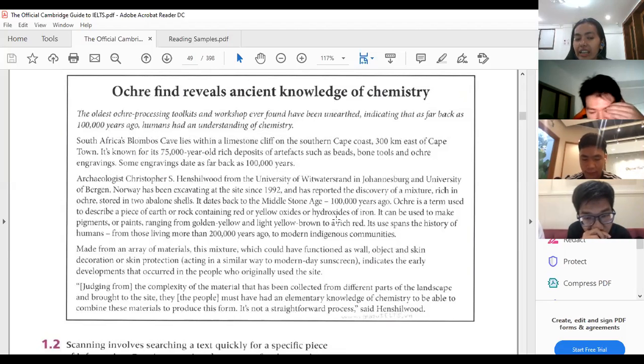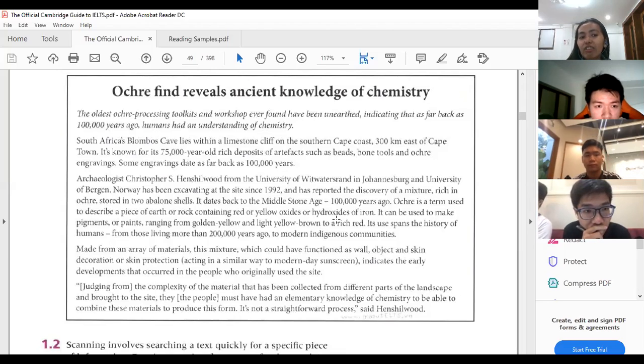You know what is wrong here? They said 75,000-year-old rich deposit, but they said it is known for its. So what is it? It refers to what? The rich Cape deposit. Town? Cape Town? Are you sure it's Cape Town?